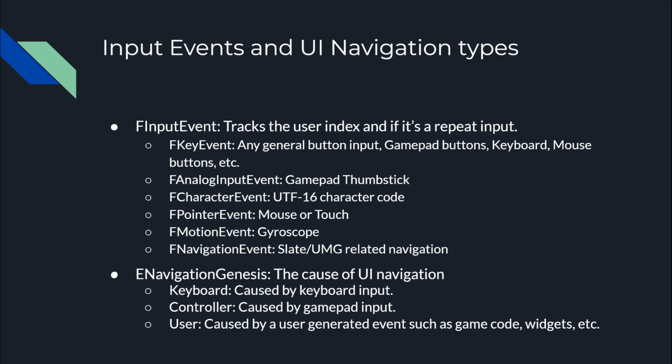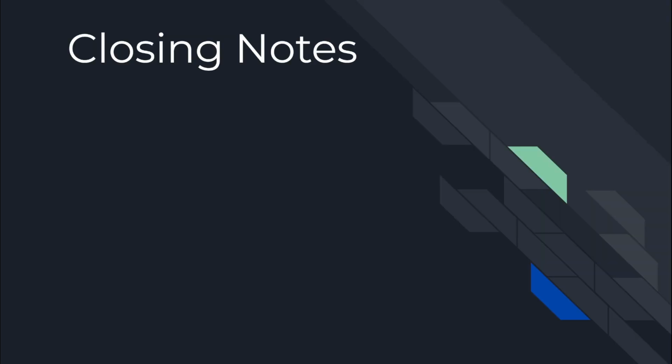And then user is actually caused by user events such as game code or a widget specific functionality, like it's capturing it because you're clicking and dragging inside that widget, like the scroll box or something. So those are the three navigation genesis types that are used for focus navigation.